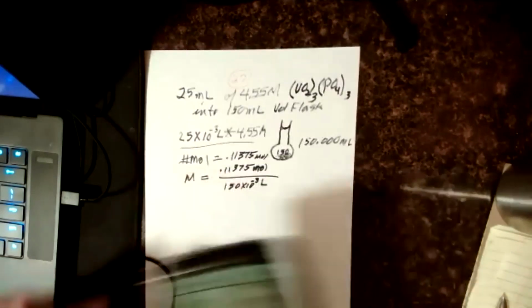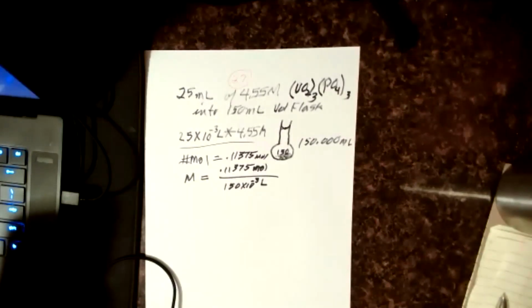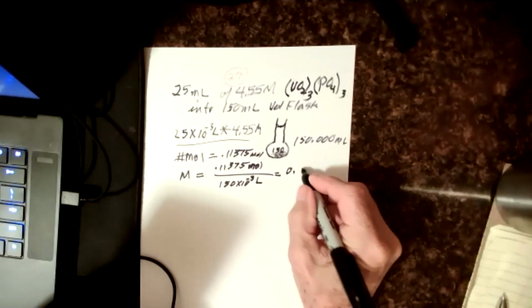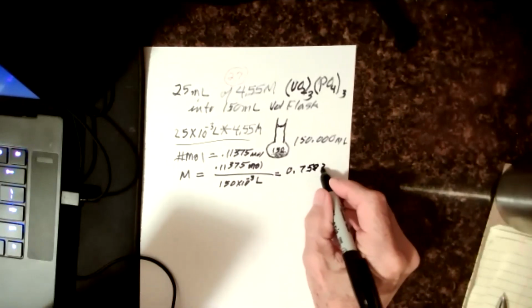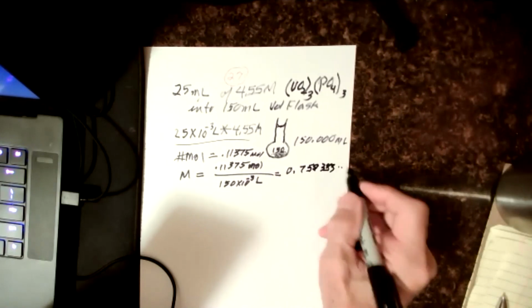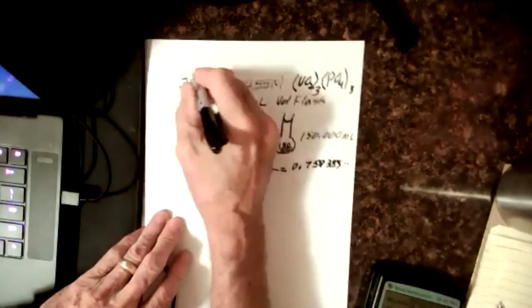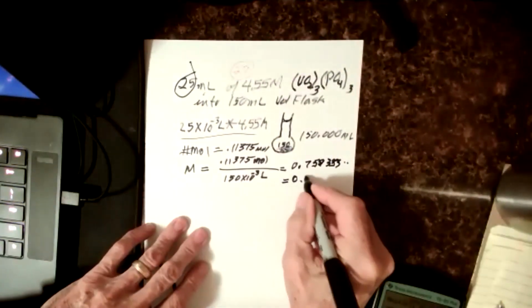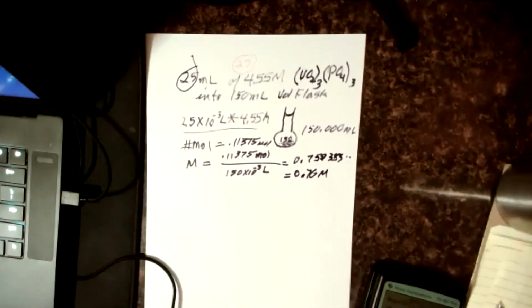So if I take that number and divide by 150 times 10 to the minus 3, I get 0.758333 like that. And like I said, two significant figures is really all I'm supposed to have. It's 0.76 molar would be the concentration.